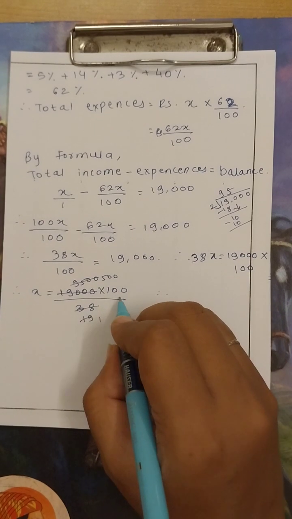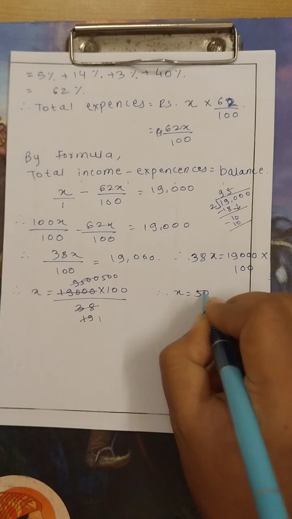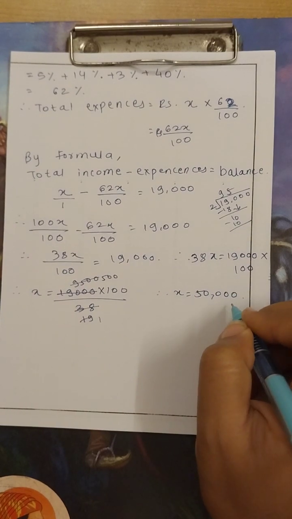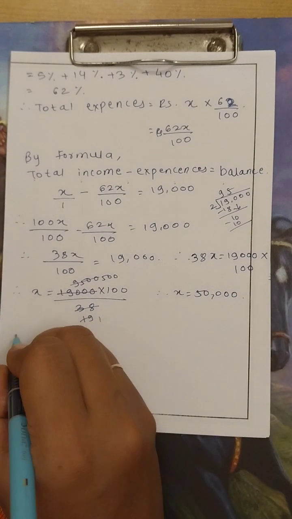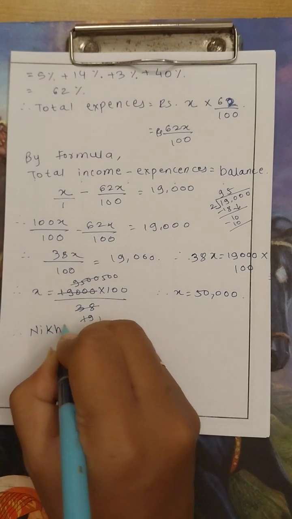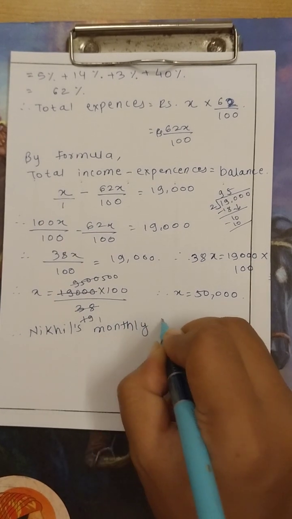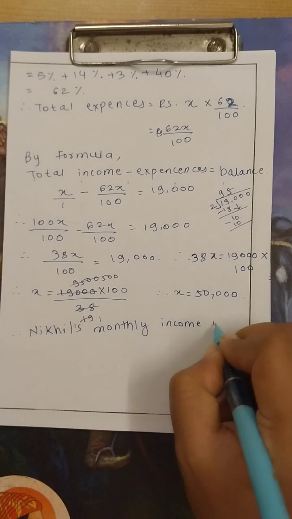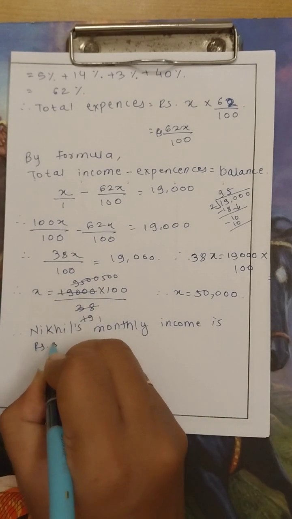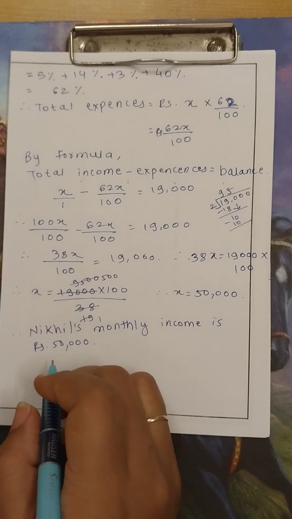Now x is equal to 500 into 100, which is 50,000. Yes, but what is x? Therefore, Nikhil's monthly income is rupees 50,000.